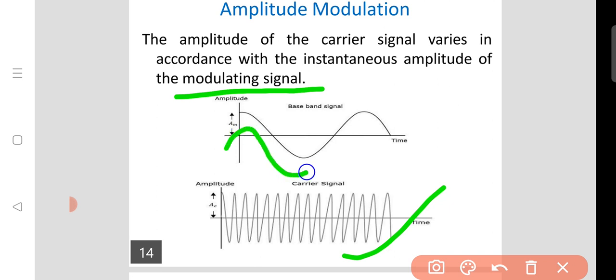Instantaneous means each and every value of the information, each and every instant of the message. These are the instantaneous values of the message signal or modulating signal.